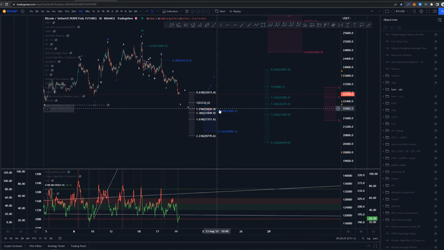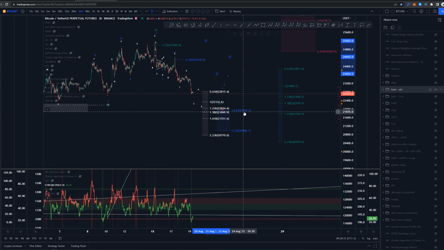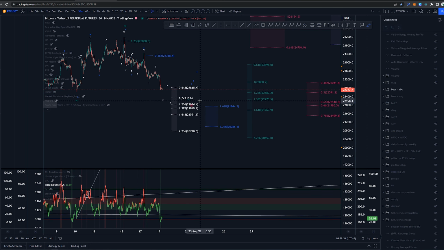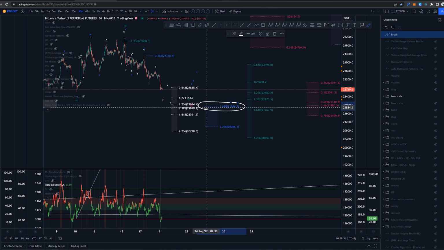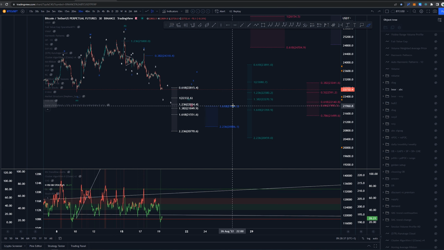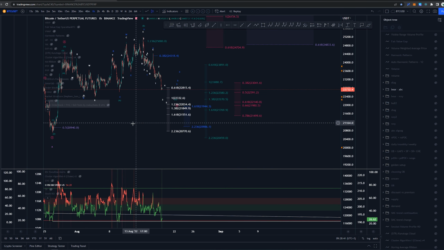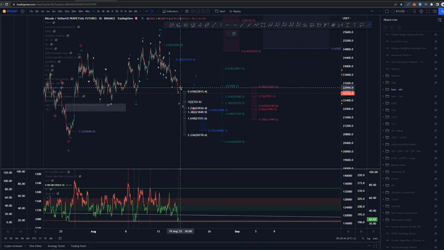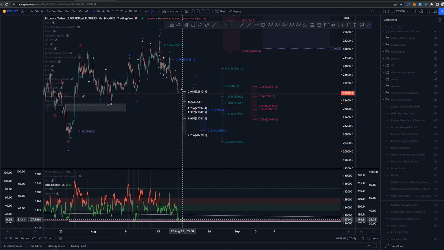When am I going to be preferring this count over the other is basically at the 1.618. If we are extending downwards even more than we currently are, looking at a bit higher time frames, and taking out more lows here on RSI as well.